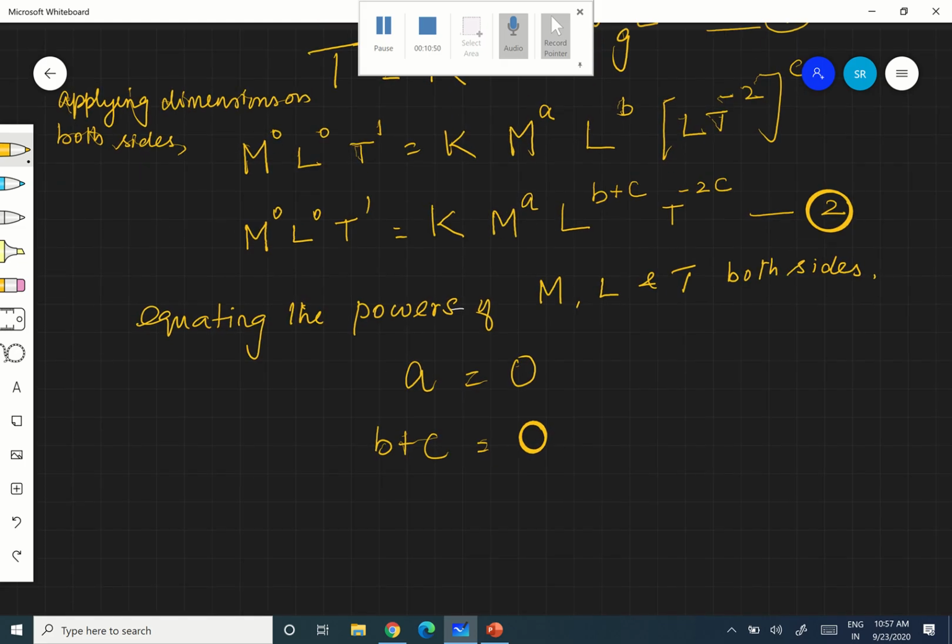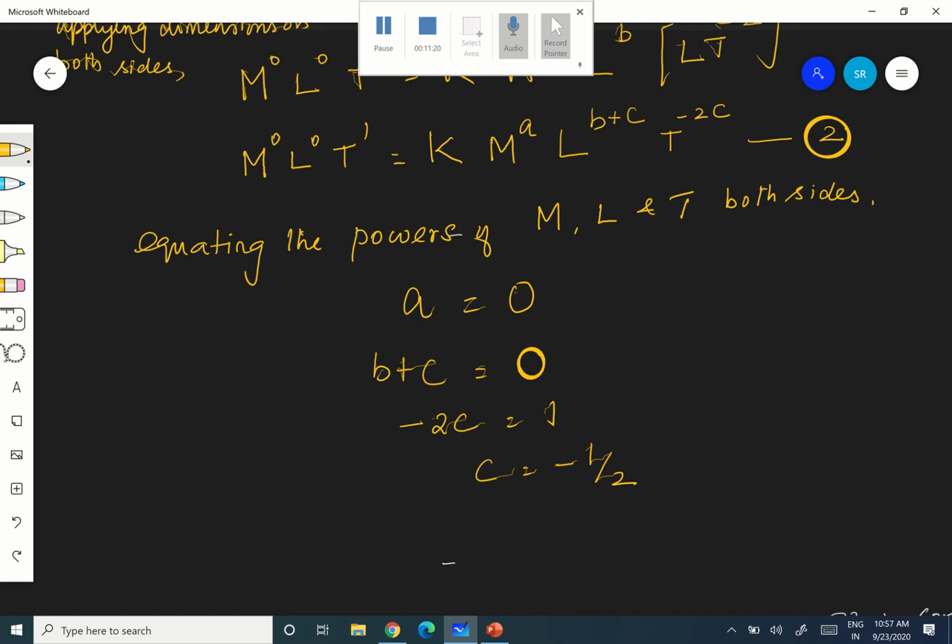Are you following, children? Therefore, next one, T. Here LHS is T power 1, RHS is T power minus 2c. Therefore, that gives minus 2c is equal to 1. I think it is very simple now. a is equal to 0, b plus c is equal to 0, and minus 2c is equal to 1, which means c is equal to minus half.